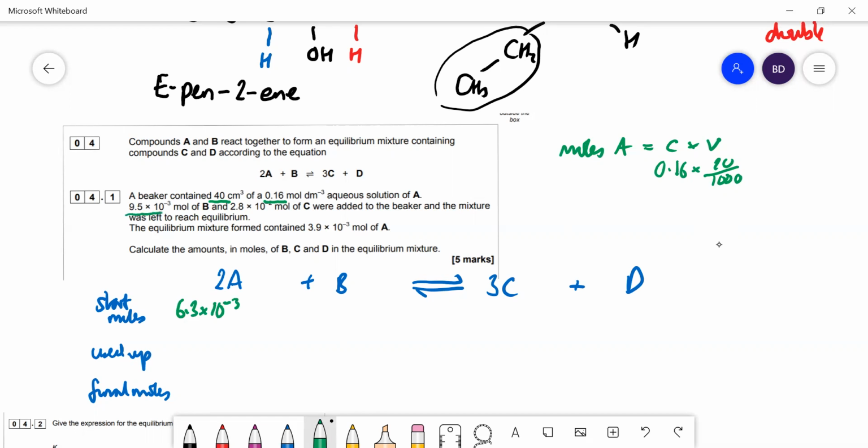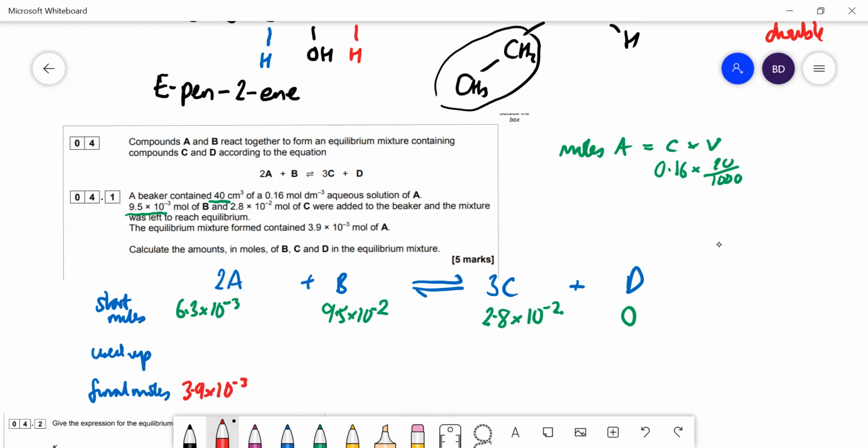You've got 9.5 times 10 to the minus 3 of B. We've also got some C, which is 2.8 times 10 to the minus 2, and we've got no D. Right, for the equilibrium mixture, it said that when it's reacted, we've got 3.9 times 10 to the minus 3 moles of A. So how much of A has been used up?